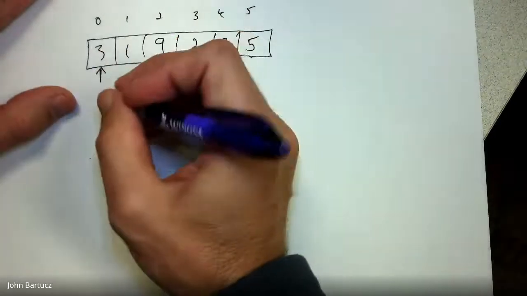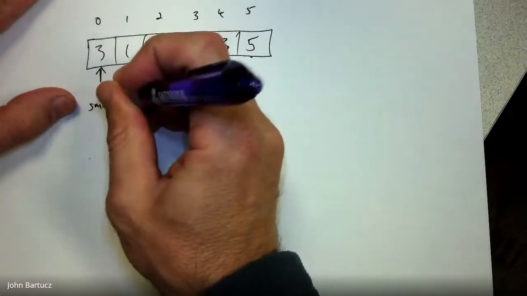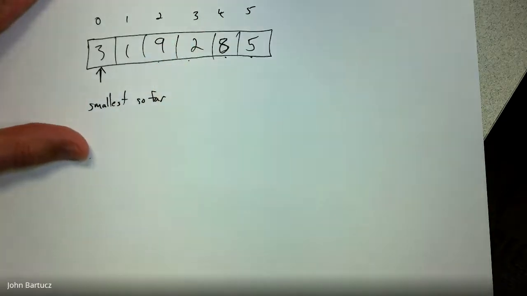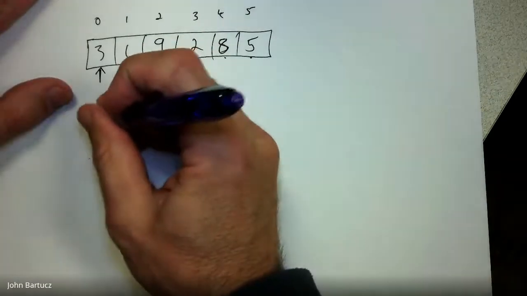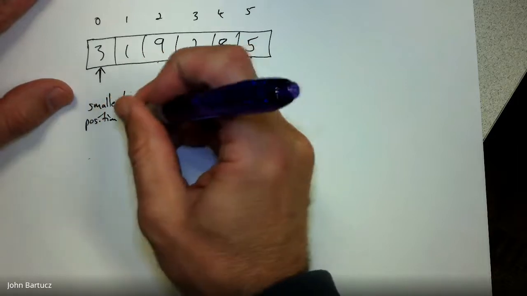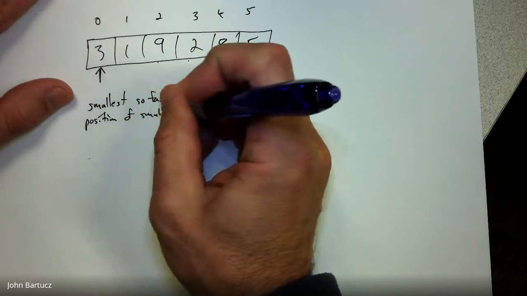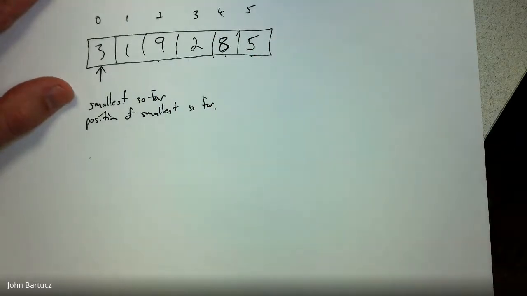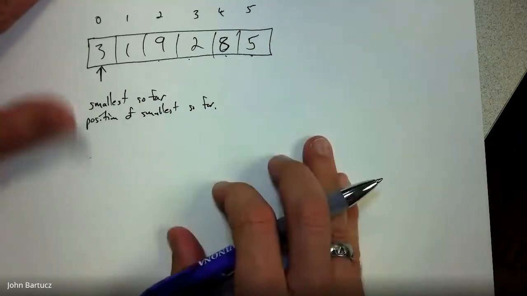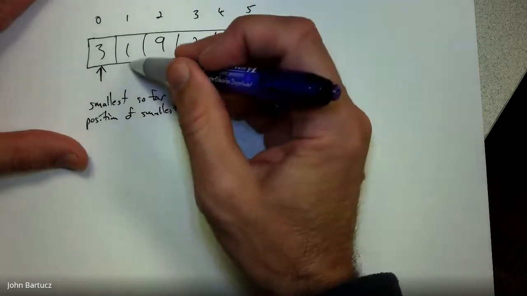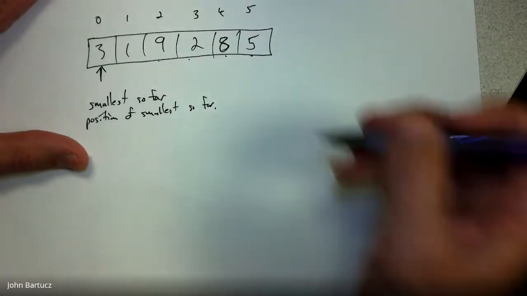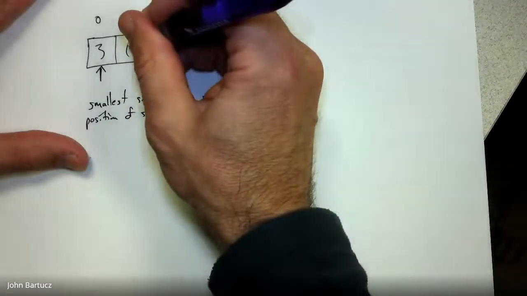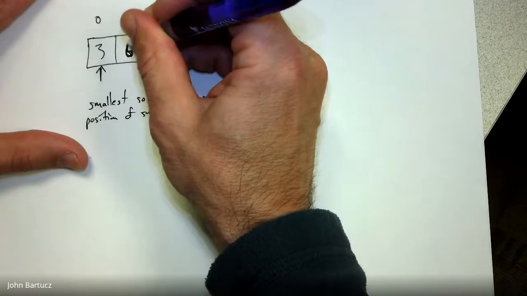And we have to keep track of the smallest so far and the position of smallest so far. And the reason that we have to do that is because, yeah, 1 is right next to it this time. But, you know, in another example, I might have put 1 all the way over here, and this might be 5 or 6. Let's just make it 6.